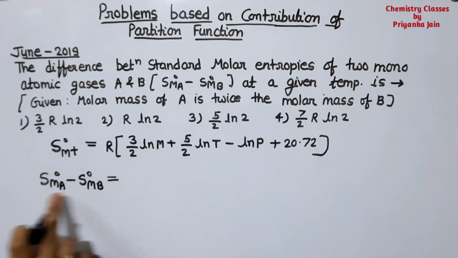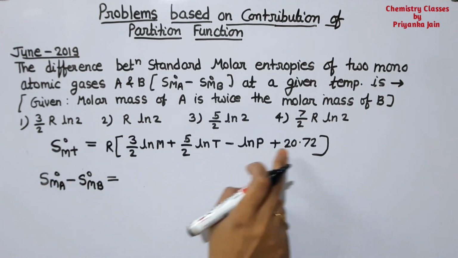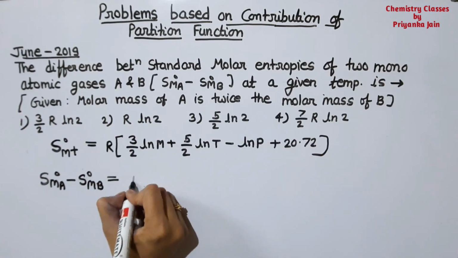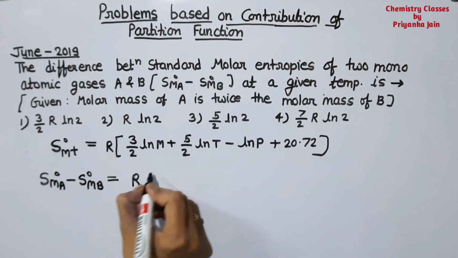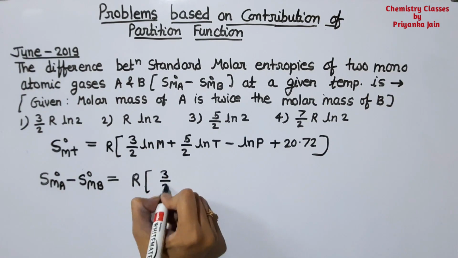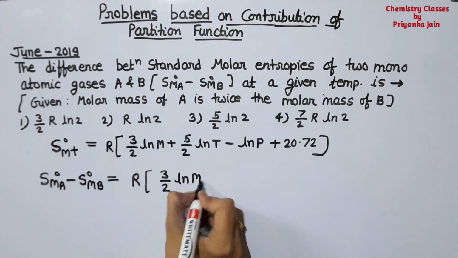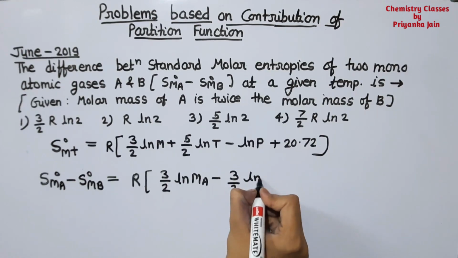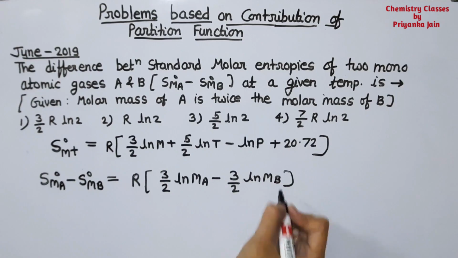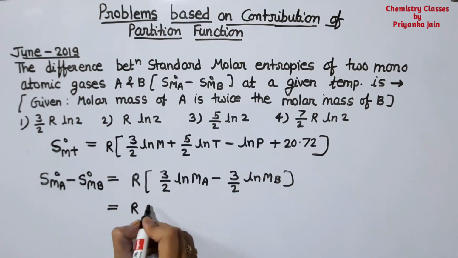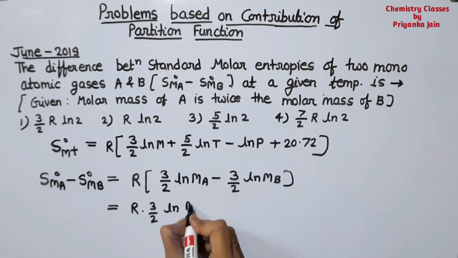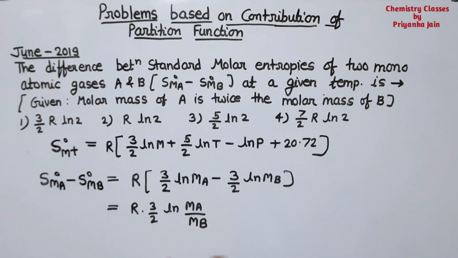So when we subtract in this manner, this will be the same, this will be the same, and this is the same, so all of this will cancel out. What will we have? We will have R[3/2 ln MA − 3/2 ln MB]. And we know that the logarithm can also be written in this manner, as ln of MA upon MB. And what have we been given?